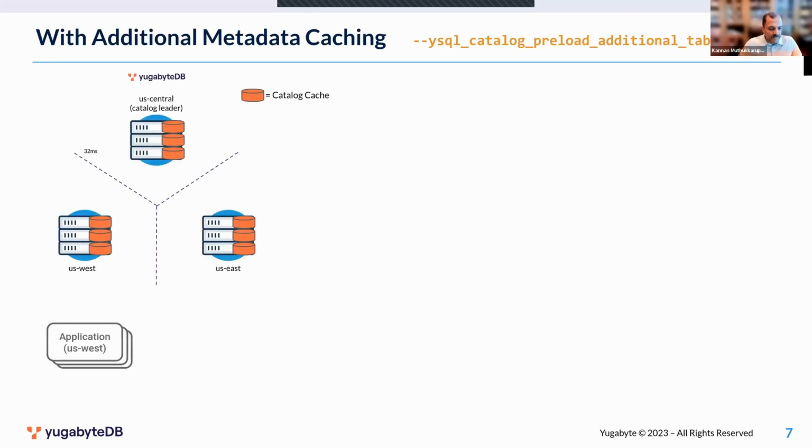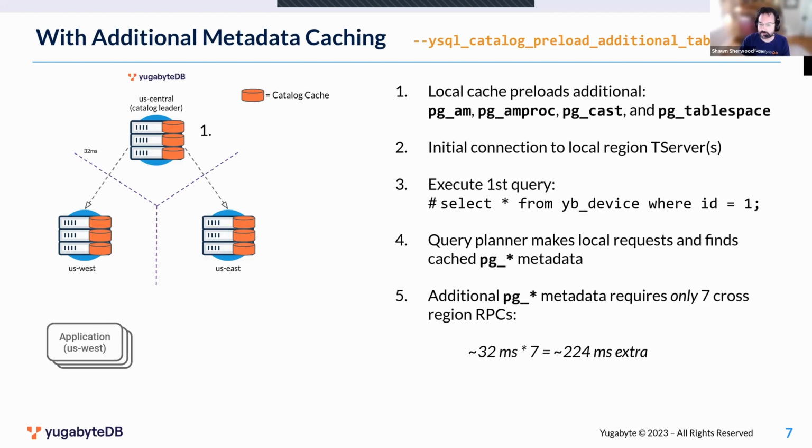There is another flag that was included in 2.16, and it's just to preload additional tables, and effectively it just adds a few more tables to that superset of tables that get preloaded. It's meant to help balance the memory overhead of loading too many tables. In this case, it just added an additional 4 tables to that set.